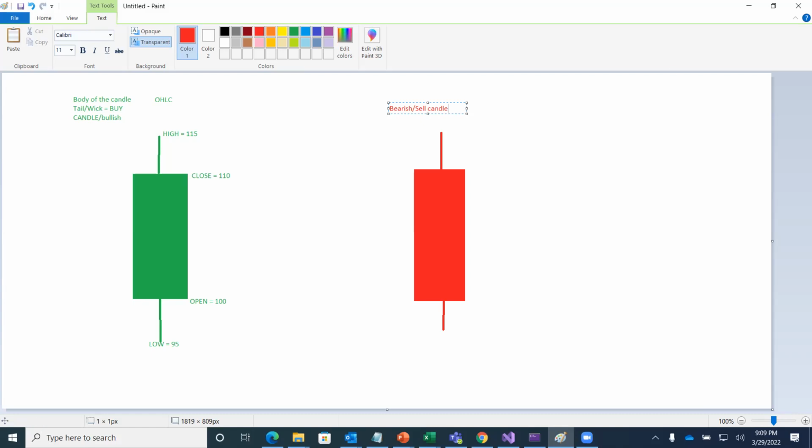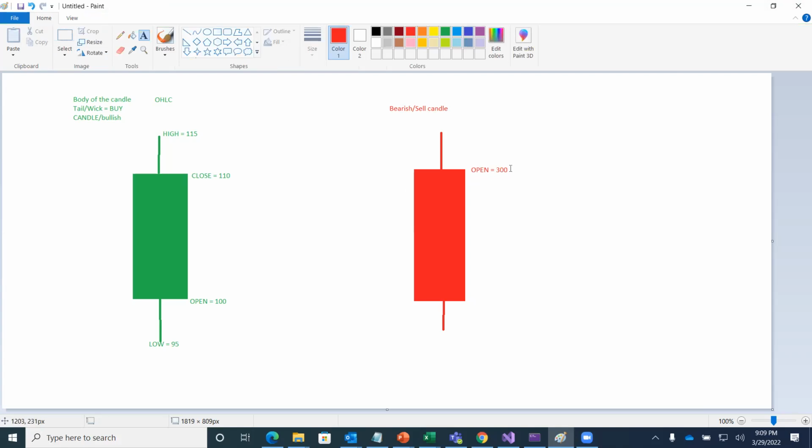So the open for this is going to be here. The open price is equal to 300. So at 9:15, when the market opened, this particular stock opened at 300 rupees.